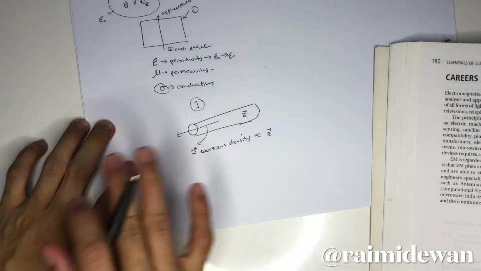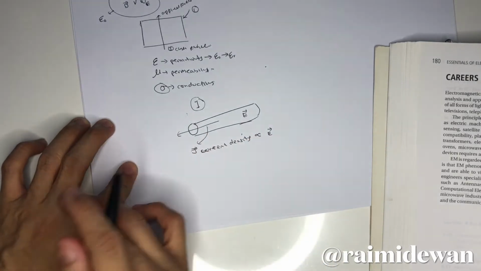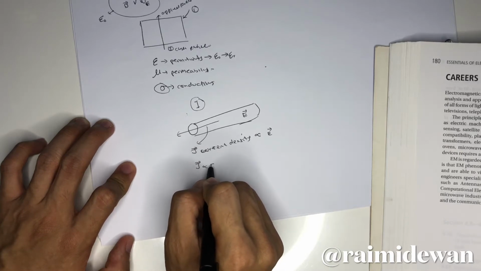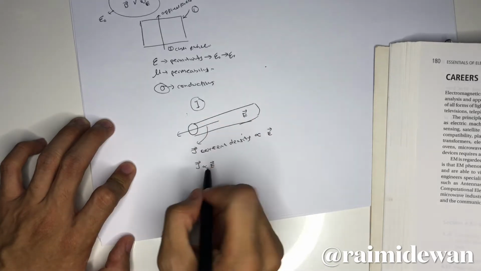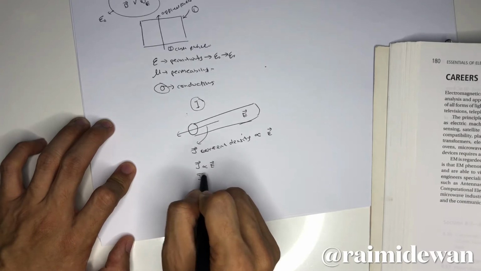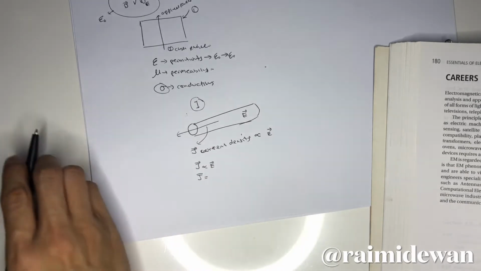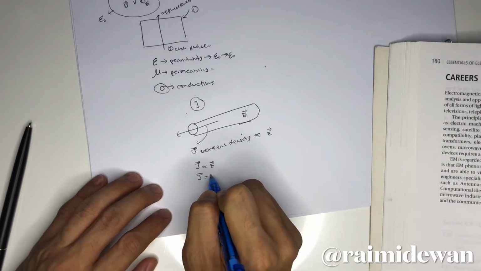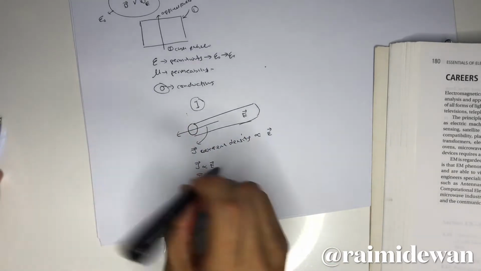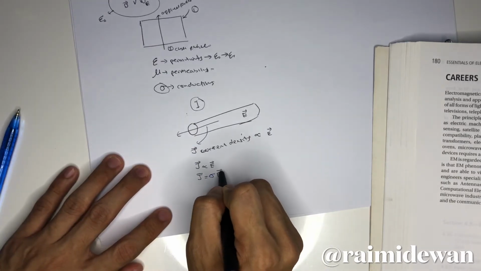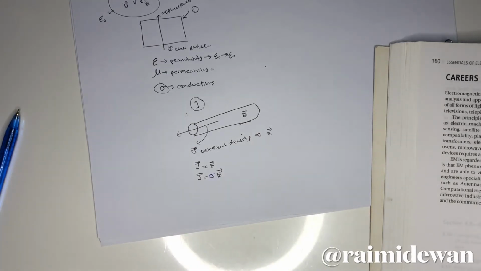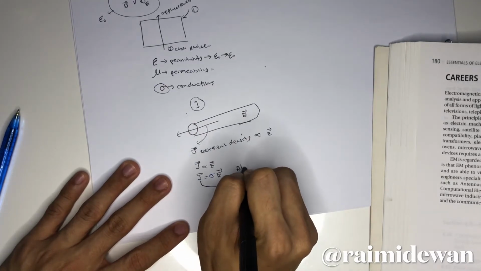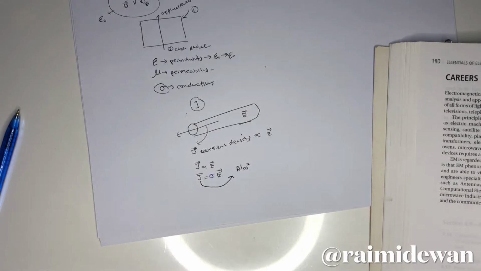Because this is proportional, if we want to put it into an equation, then we have a constant. The constant here is our conductivity. The unit for J is A per meter square.